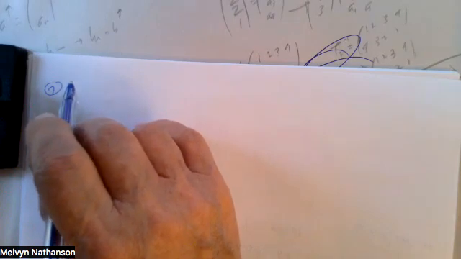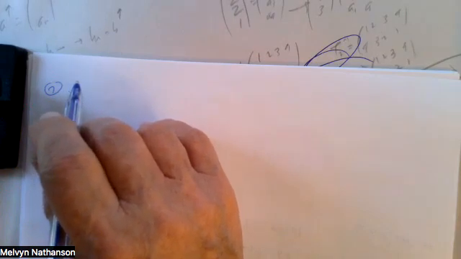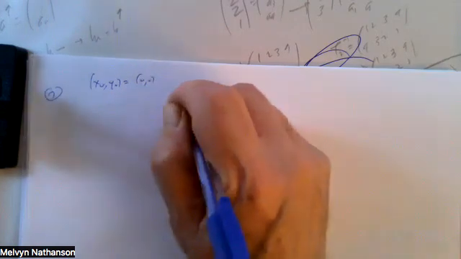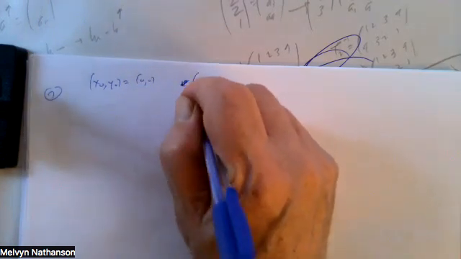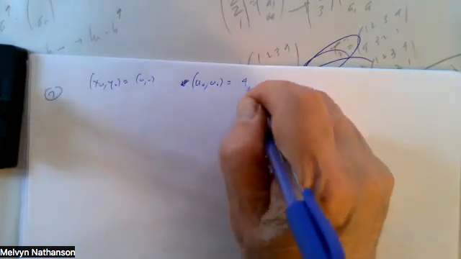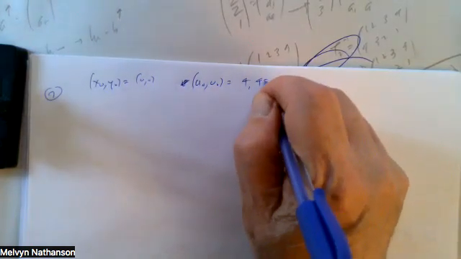In problem 7, we have to find the time of flight, range, and maximum height of a trajectory moving under no force except gravity, where a particle has starting position x naught, y naught equals 0, 0. And the initial velocity, u0, v0, is 4, 48.